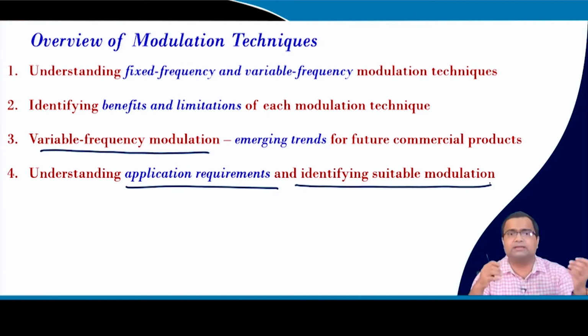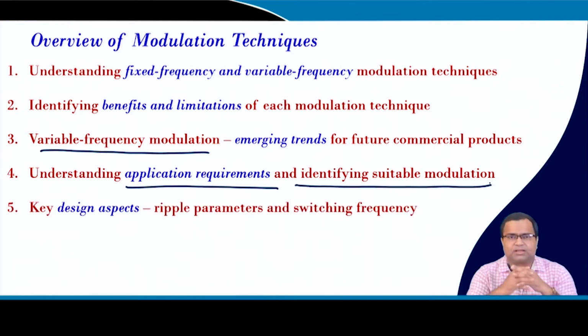Keeping all this in mind, we can decide which modulation technique will be most suitable among what we learned. Otherwise, in most cases we talk only about fixed frequency modulation, but this whole range of modulation techniques that you have learned will be useful to decide which one to select based on the application requirement.